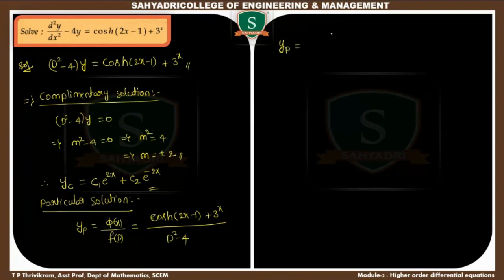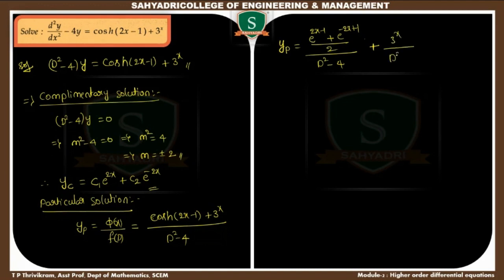So yp, I can write the definition as e power 2x minus 1 plus e power minus 2x plus 1, divided by 2, divided by d square minus 4, plus 3 power x. I will write it separately: 3 power x by d square minus 4.